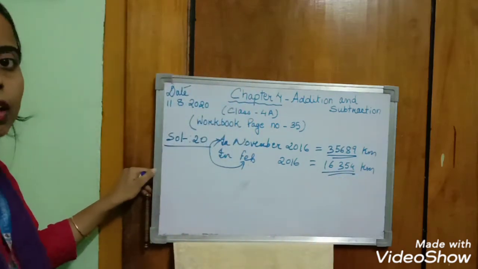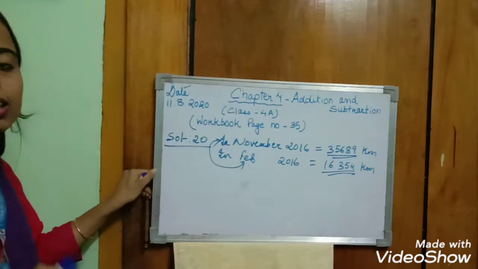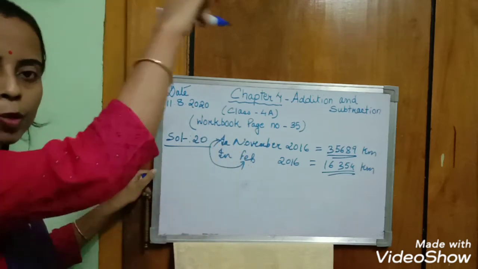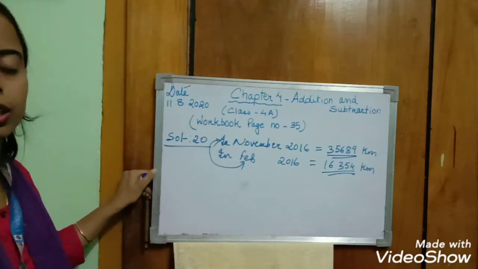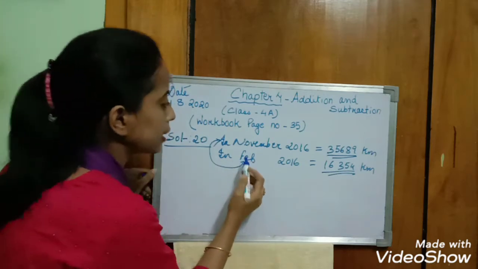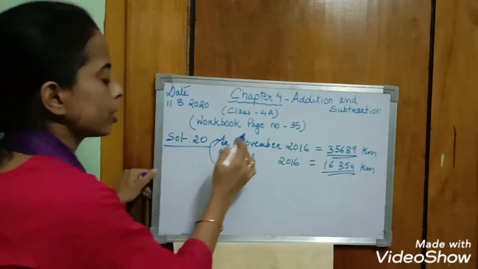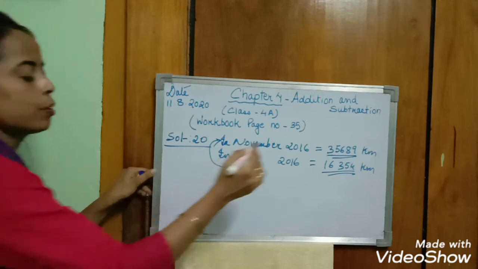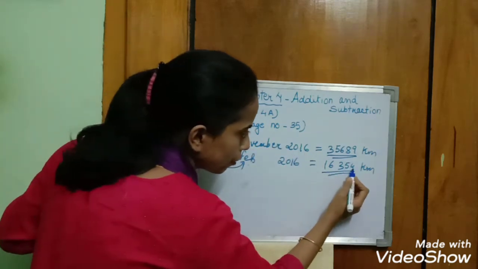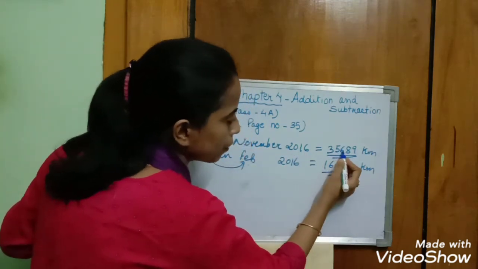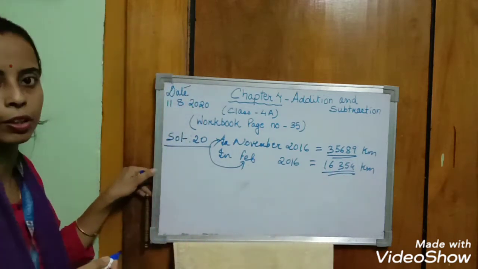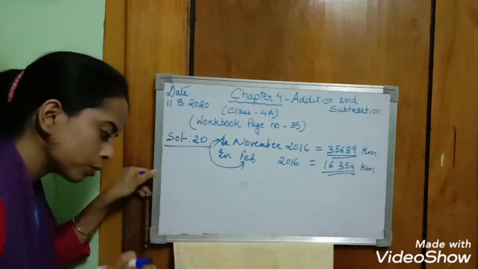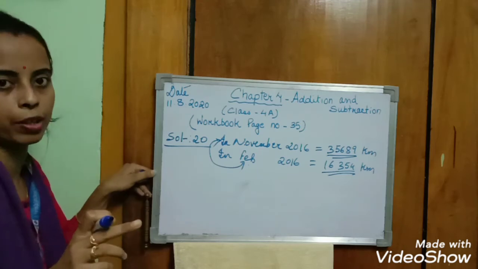To find out the distance covered from February 2016 to November 2016, we need to subtract 16,354 km from 35,689 km. Understood?